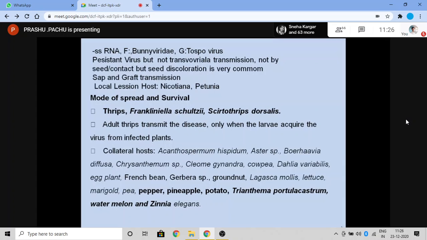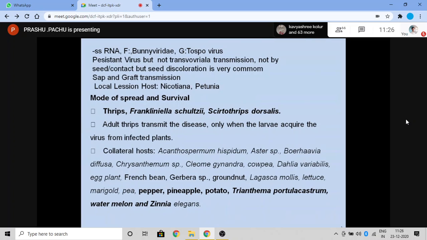Such a virus we can say is non-transovarial in nature, but it is a persistent virus. Whichever insect takes the virus particles into its body, the virus particles remain viable in such vectors only. But in their offspring, we don't see any kind of virus particles.